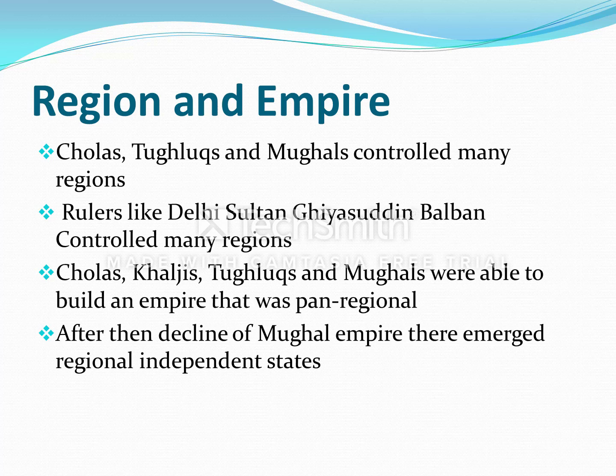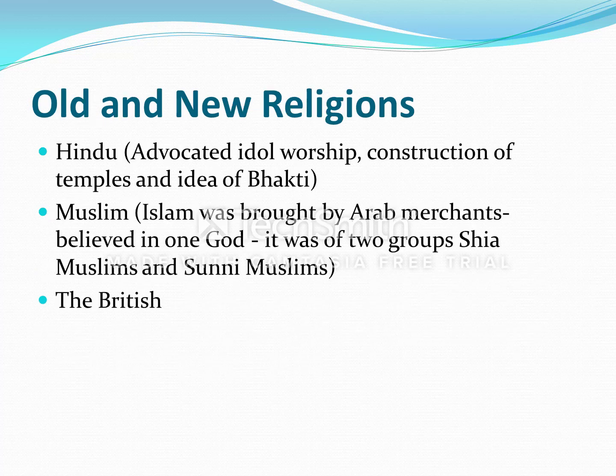Dynasties like the Cholas, Khiljis, Tughluqs and Mughals were able to build an empire including many regions that was pan-regional. All these empires were not successful. When the Mughal Empire declined, it led to the re-emergence of regional independent states later. This is an example. Next, old and new religions.